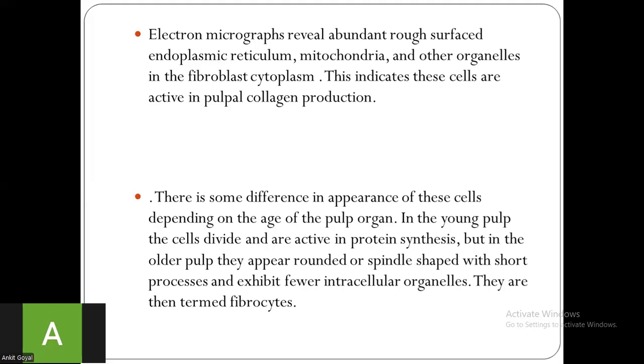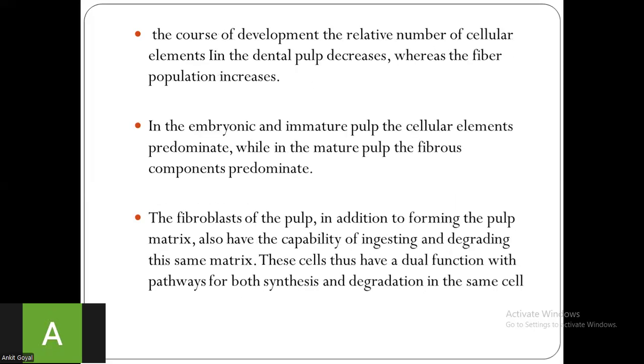They are termed fibrocytes. In the course of development, the relative number of cellular elements in the dental pulp decreases, while the fiber population increases. In the embryonic and immature pulp, the cellular elements predominate, whereas in the mature pulp, the fibrous component predominates. The fibroblasts of the pulp, in addition to synthesizing the pulp matrix, also have the capability of degrading it.